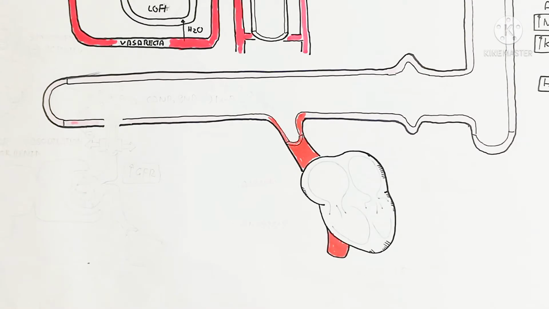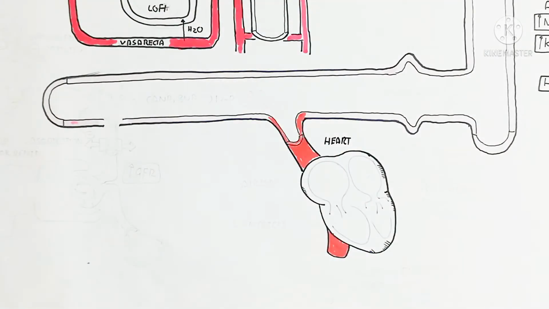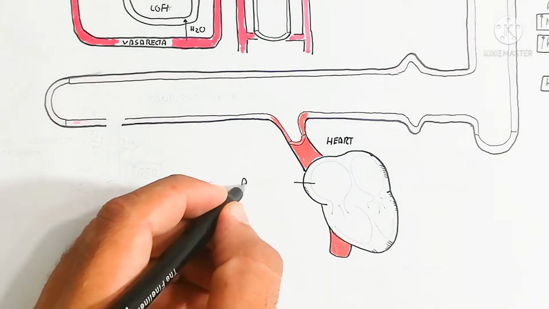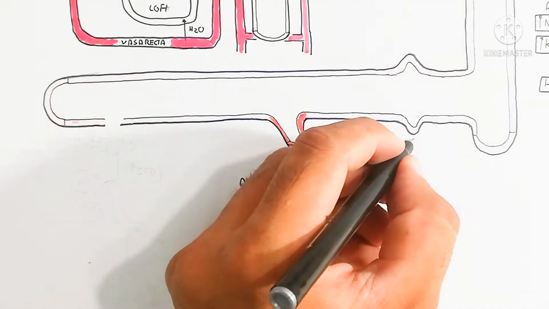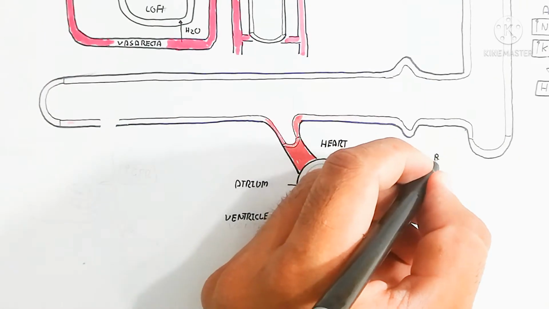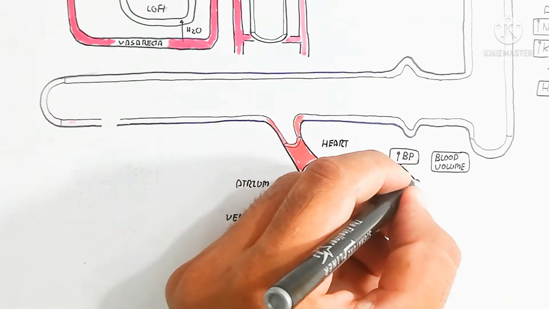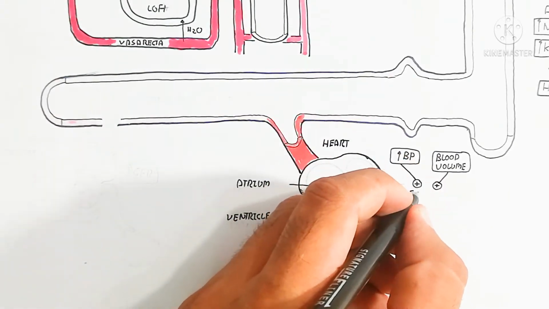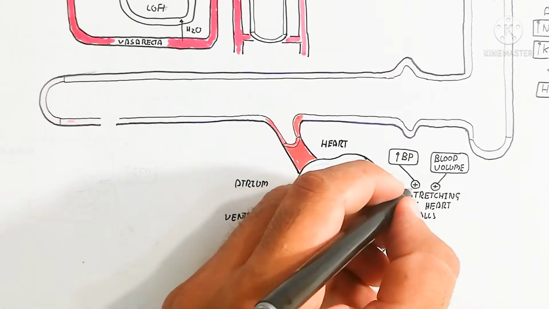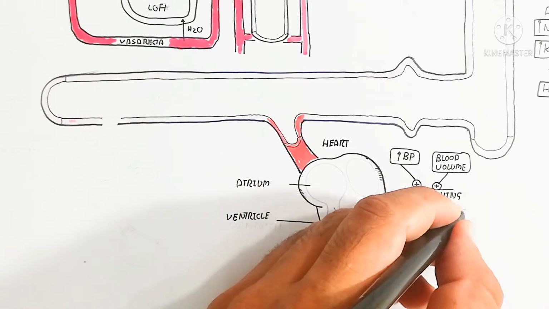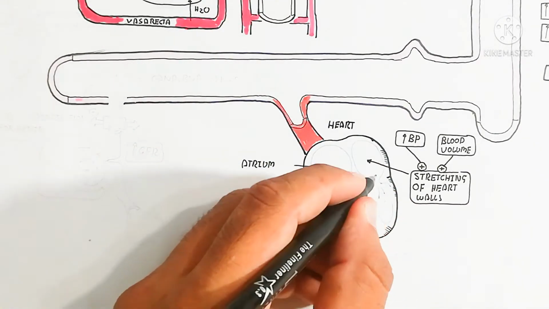So let's learn about the natriuretic peptides, which are basically opposite to aldosterone and antidiuretic hormone. They are used for vasodilation. They are produced due to high blood pressure and increased blood volume from the aldosterone activity as well as the antidiuretic hormone. High blood pressure and blood volume will increase the stretching of the heart wall, and this stretching of the heart wall will increase the natriuretic peptides.